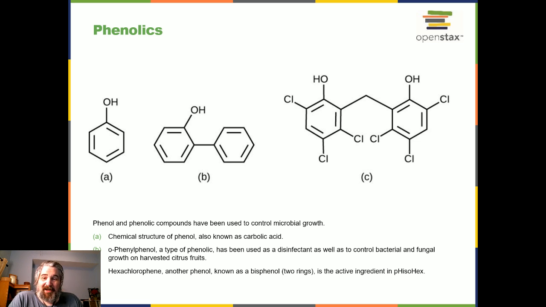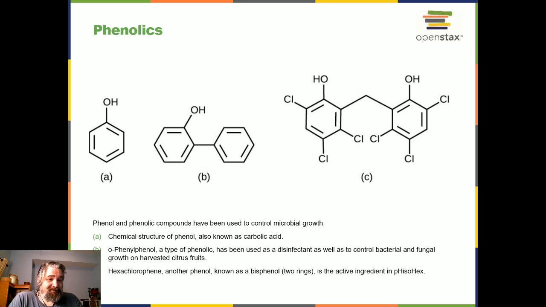So the benzene ring here, as you all should recognize, when you add a hydroxyl to it, so phenol, carbolic acid, it tends to be stable and persistent. So phenolics are less toxic than phenol, these other ones. But they work by denaturing proteins and disrupting membranes.